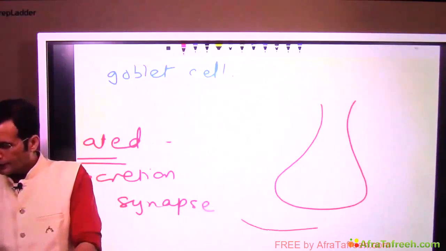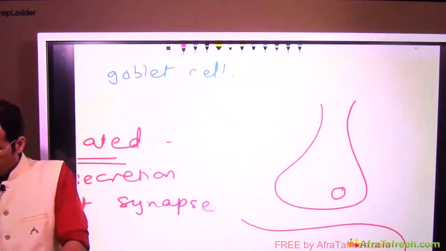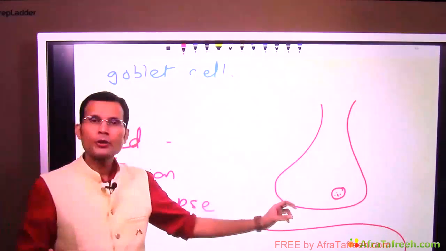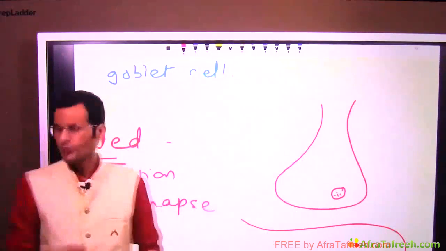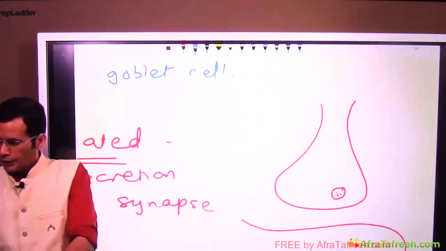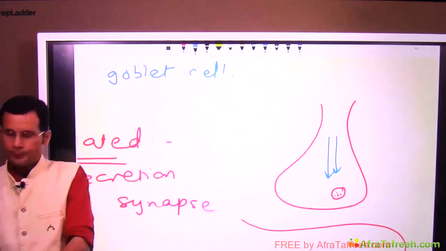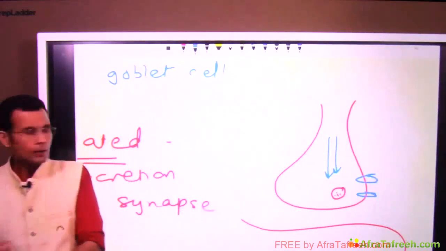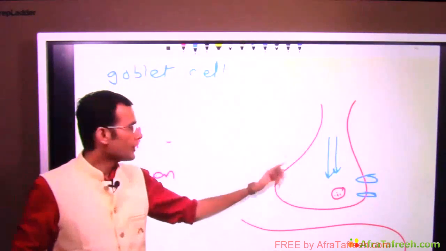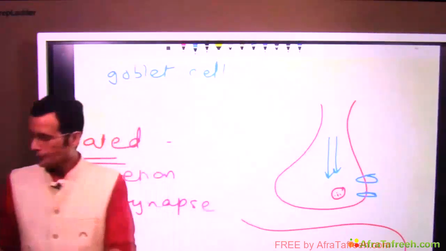This is a typical synapse, and there is a neurotransmitter located inside a vesicle. We have already said that this is a vesicular transport. An impulse arrives at the terminal. Because of the impulse, the voltage gated calcium channels will open.